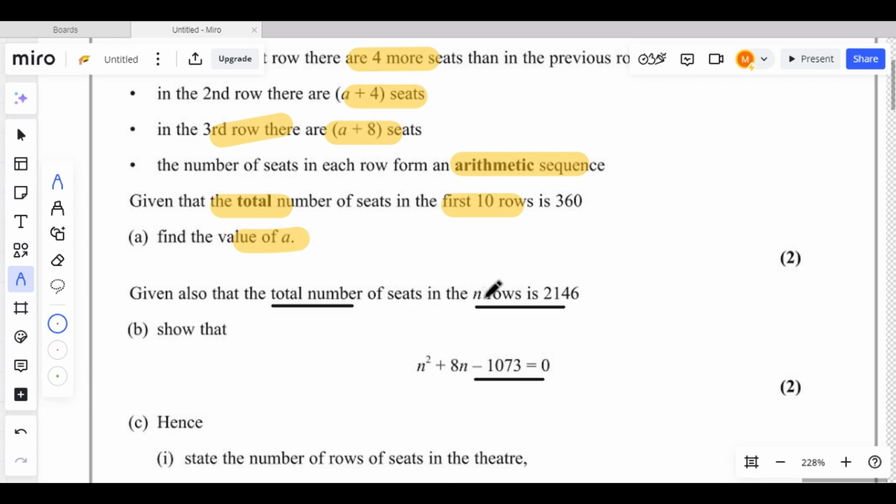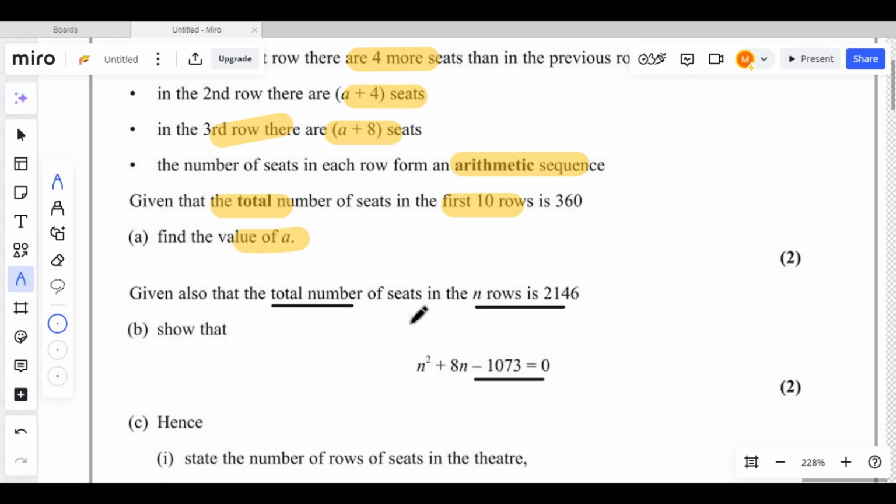So in this case, what should we consider? Is 2146 the sum or the nth term? The total number of seats in the n rows. That means it will be the sum.